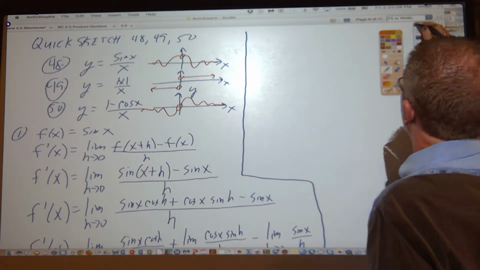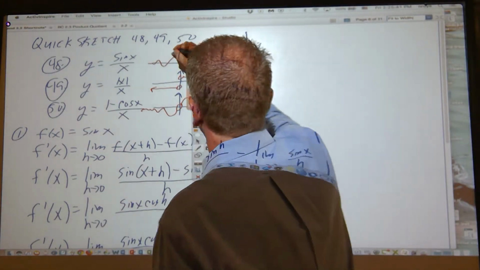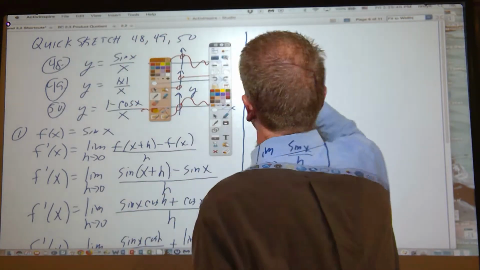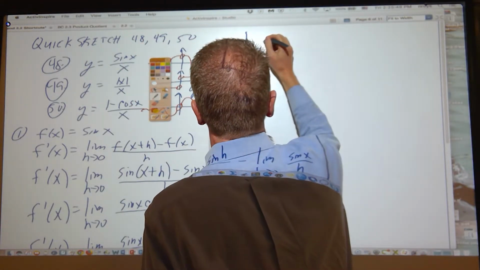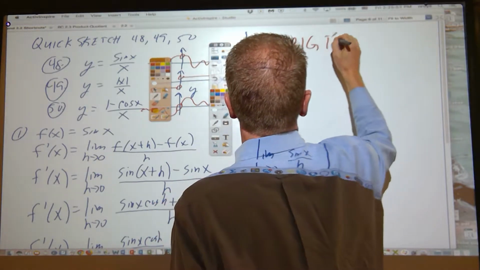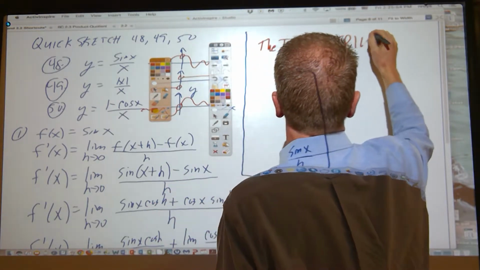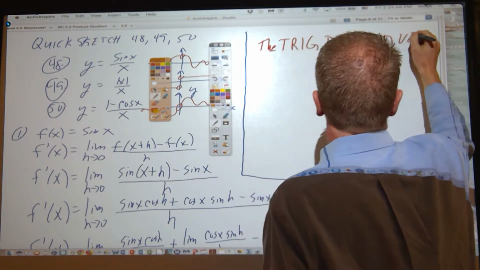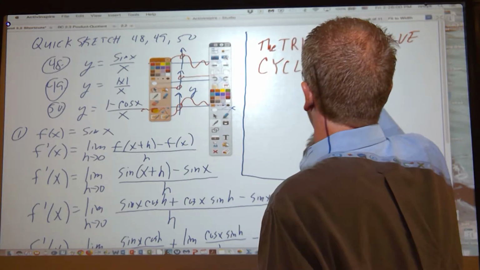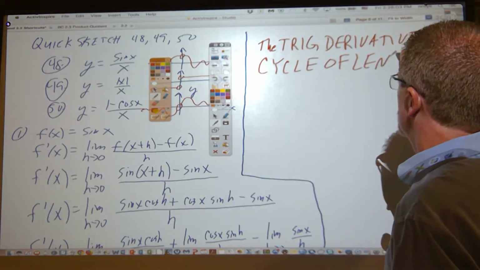I'm going to call this the trig derivative cycle of length 4. Honestly, I just came up with that name off the top of my head moments ago.